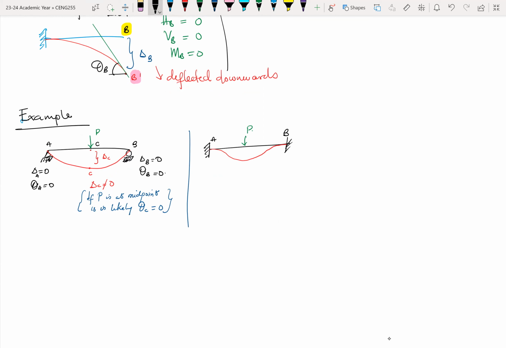If the supports are fixed, it means that the displacement at A is zero. The rotation at A will also be zero. Sorry, this is not equal to zero. Okay, sorry.